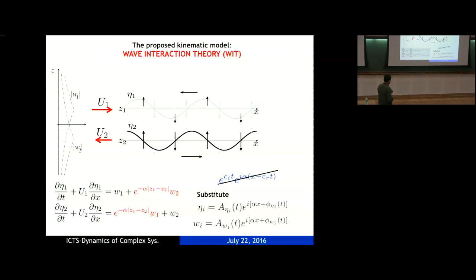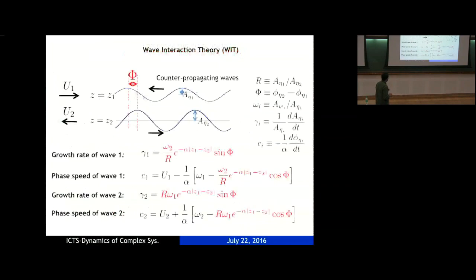I have a similar type of thing on w, because my variables are eta and w, and I substitute here. What I get are 4 equations. These are 2 waves, and maybe the amplitudes at some time are A eta 1, A eta 2. I define a variable r, which is the amplitude ratio, and a variable phi, which is the difference in phases between the two.